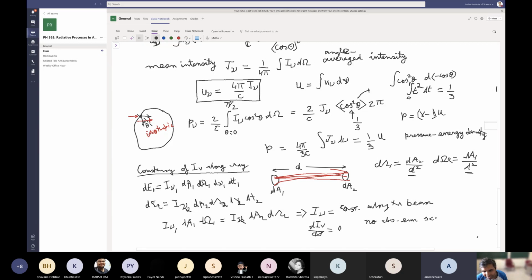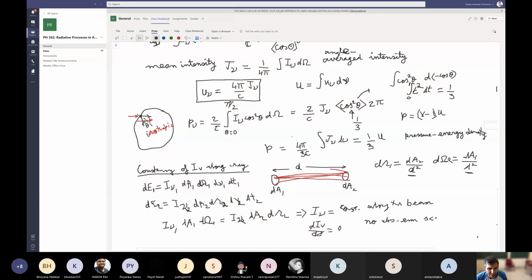dA1 is sort of acting as a source. When we are doing this sort of radiative transfer, we are actually assuming that every point on this area dA1 is emitting in all the different directions, right? If we consider a single source which is unresolved, then this omega hat and this area are not independent variables.